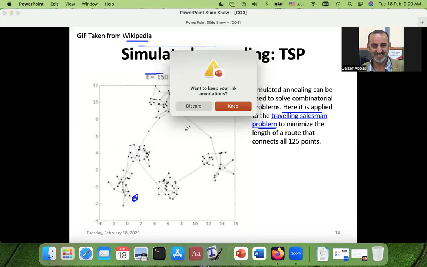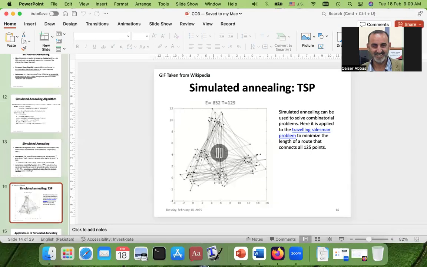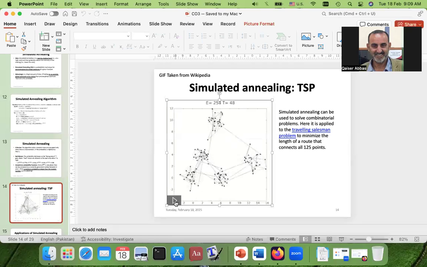If it is a GIF file, maybe I can pause it. Now you can see the temperature is 48, lowering down. So now the algorithm is almost close to finding the solution because the temperature is now 8, and here 0. When it is 0, this is the final solution.